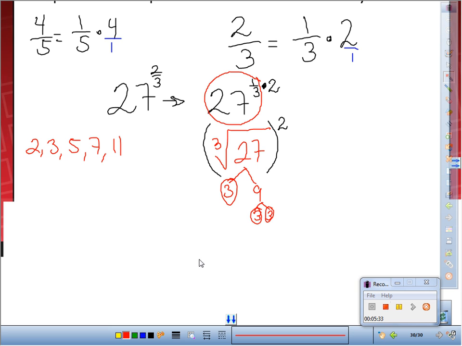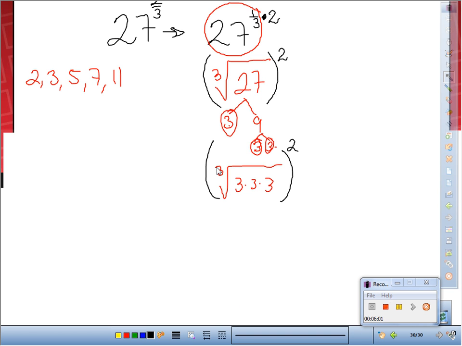So this becomes cube root, and now instead of writing 27, guys, focus, instead of writing 27, what am I going to write? 3 times 3 times 3. Where did I get those from? Here. Are we there so far? I bring down my parentheses, and I bring down my exponents. All right, so then what is this saying?